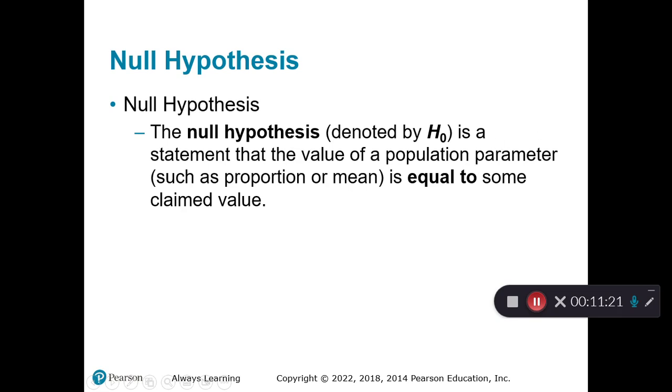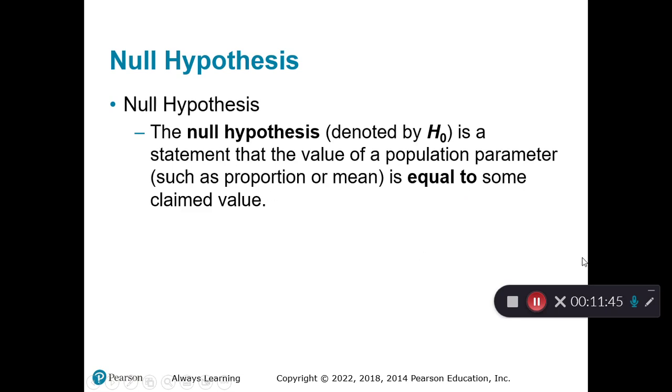The null hypothesis is a statement that the value of a population parameter, such as a population proportion or a population mean, is equal to some claimed value. So the null hypothesis is always a statement of equality. We're going to see the equal sign in the null hypothesis.